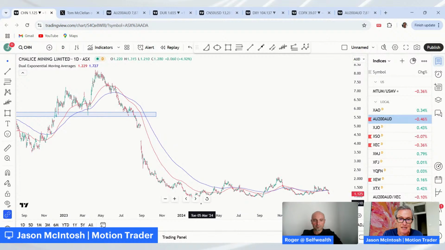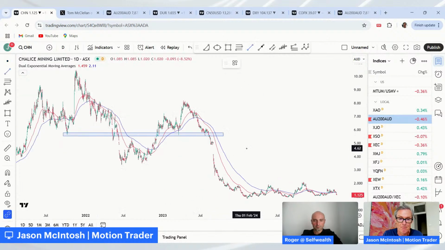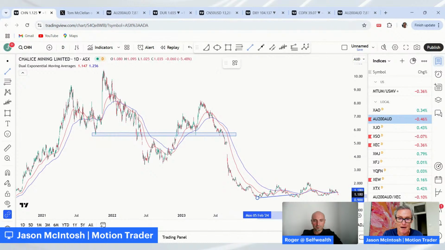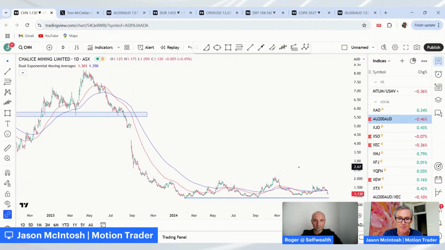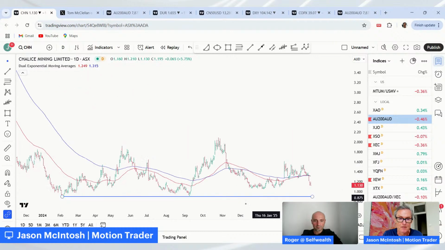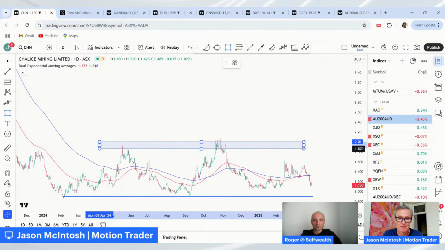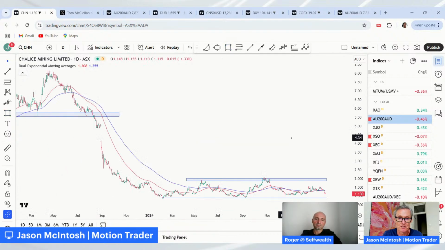There's nothing to say that, I know people will be probably looking at this thinking of a base, but what if this isn't a base? What if this is just like maybe that's the top.